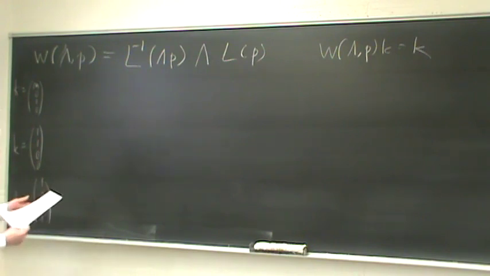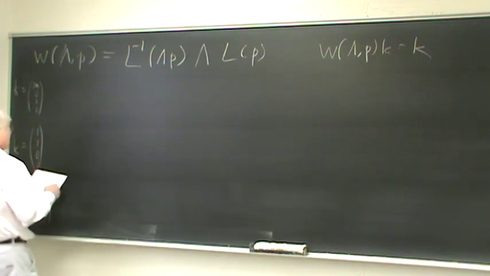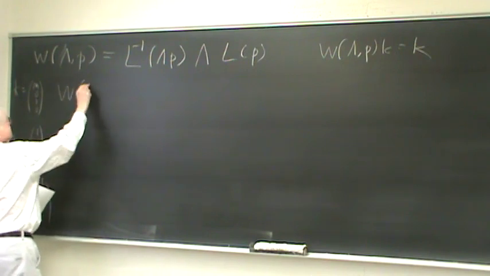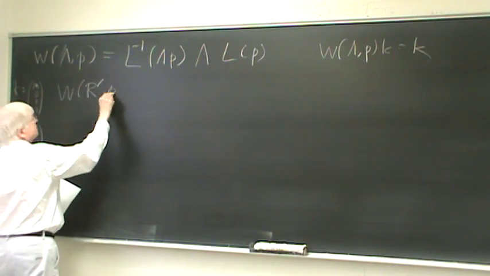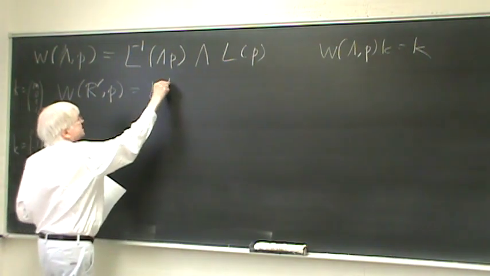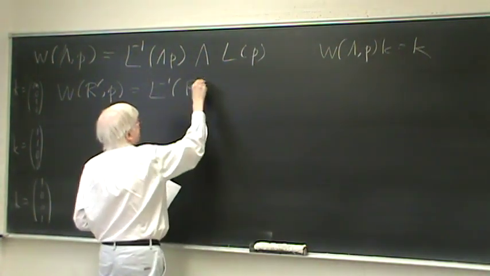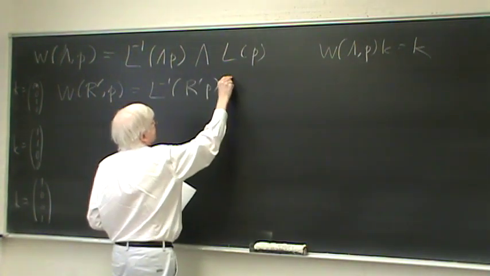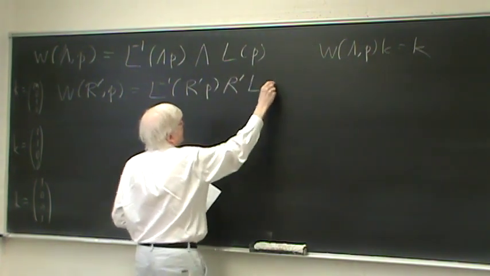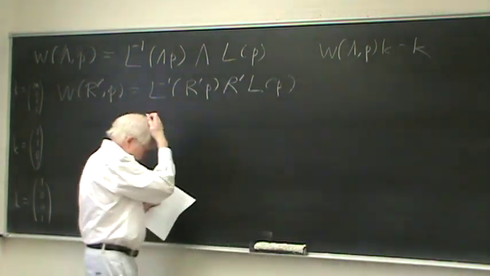a rotation. In fact, it's the same rotation. So let's just write this for some rotation R prime and p. So this is L inverse of R prime p, R prime L of p.